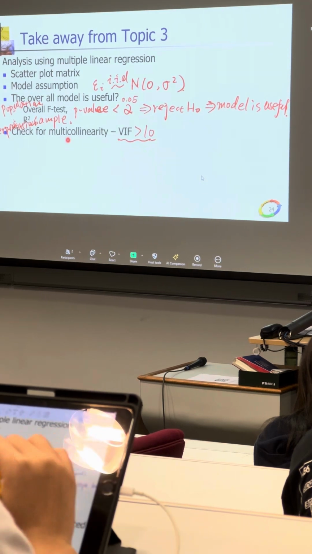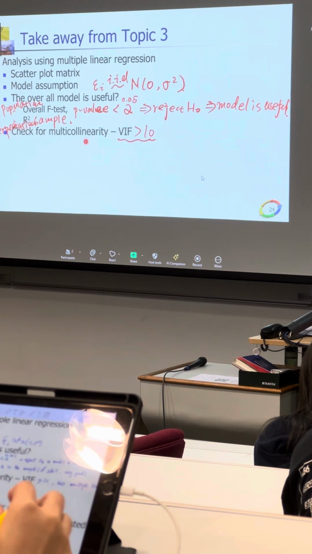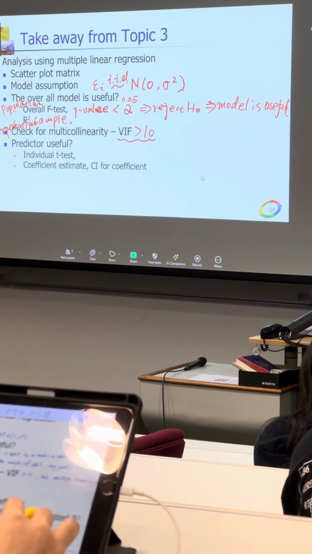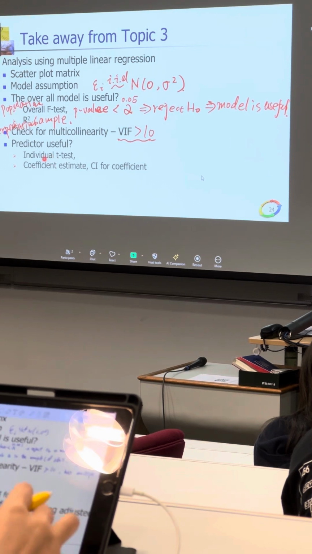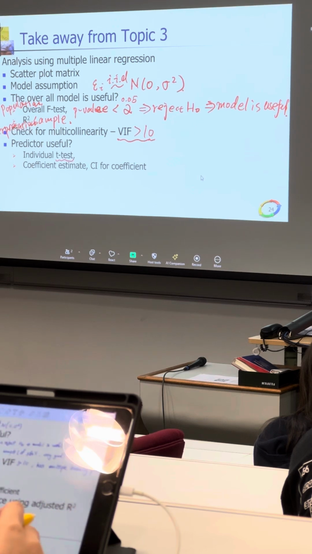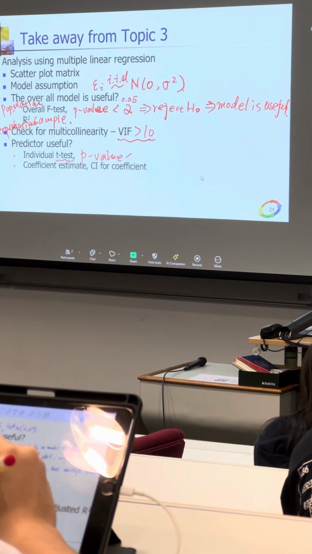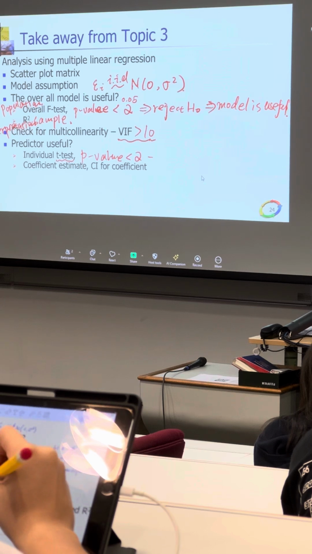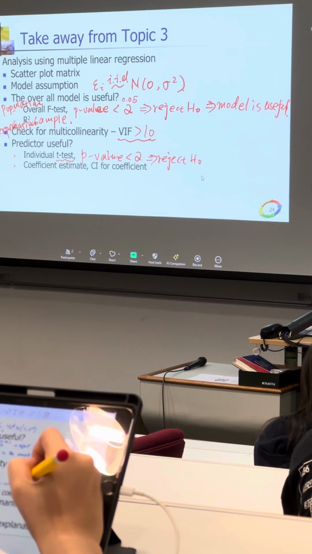Now let's say that we have already dealt with the multicollinearity problem, then we can continue to look at the predictors to find out which predictors are useful. So this is the t-test, or we call it the individual t-test. We look at the p-value. If the p-value is less than alpha, we reject the null hypothesis at 5% significance level.